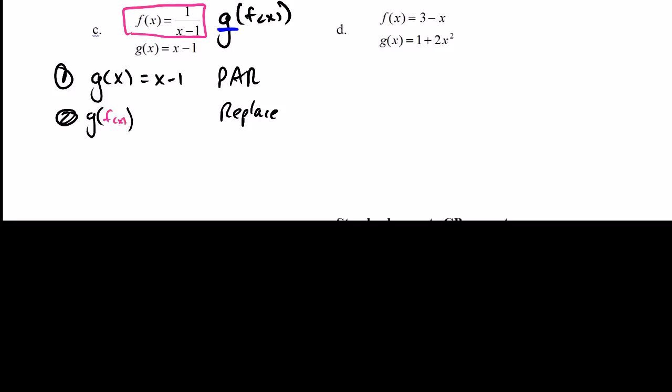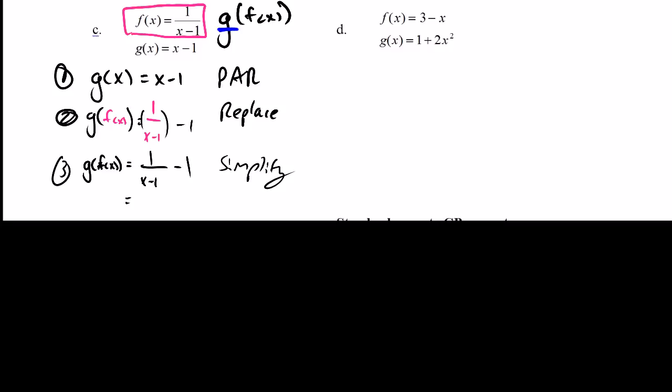So replace all the x's with f of x. And our f of x is equal to 1 over x minus 1. We just replaced our x with f of x. And step 3, simplify. So our g of f of x is equal to 1 over x minus 1 minus 1.